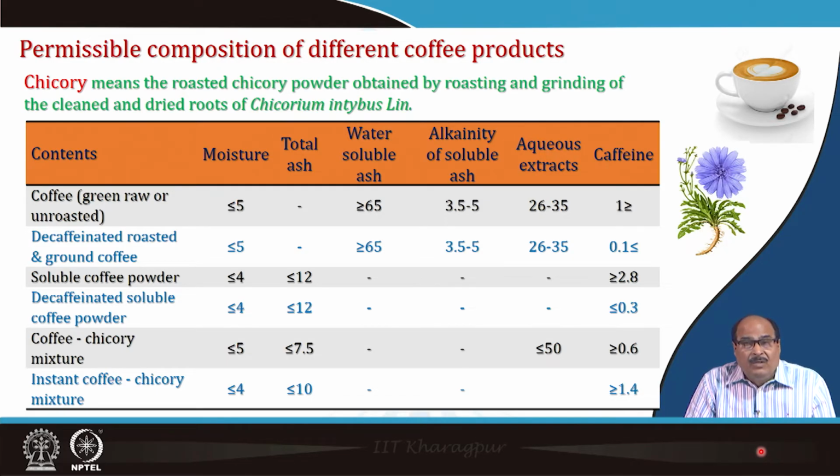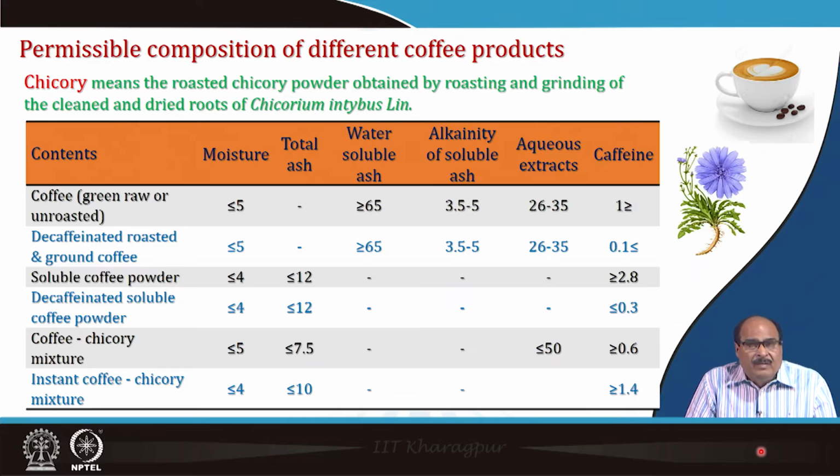For example, caffeine should be more than or equal to 1% in the coffee that is green, raw and unroasted. Okay. And similarly, this moisture content should be less than or equal to 5% in the coffee. Okay. And less than or equal to 4% in the decaffeinated soluble coffee powder.